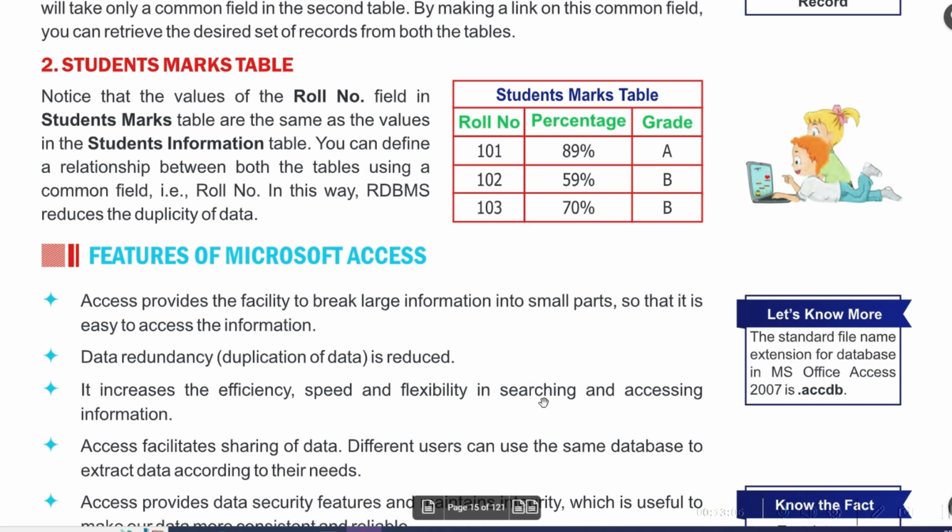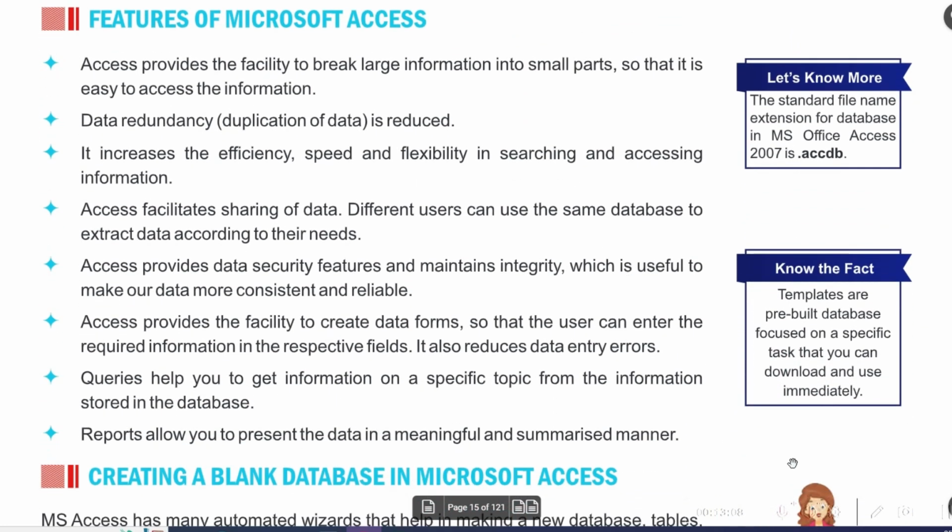Now let us take a look at the features of Microsoft Access. First feature, Access provides the facility to break large information into small parts so that it is easy to access the information. In the chosen example lo kuda, I have a huge table where I need roll number, student names, father's name, address, telephone number and etc. Now what I did is I broke the table into 2 parts.